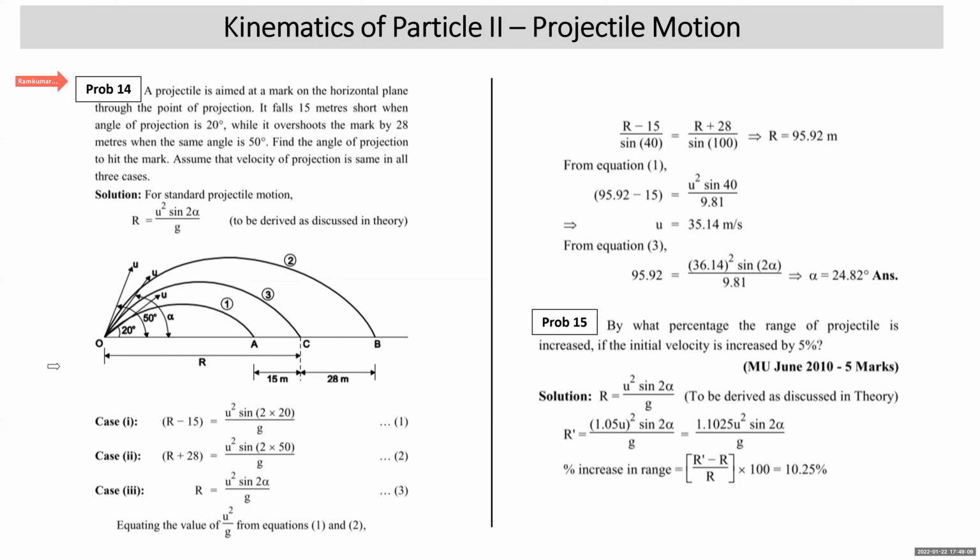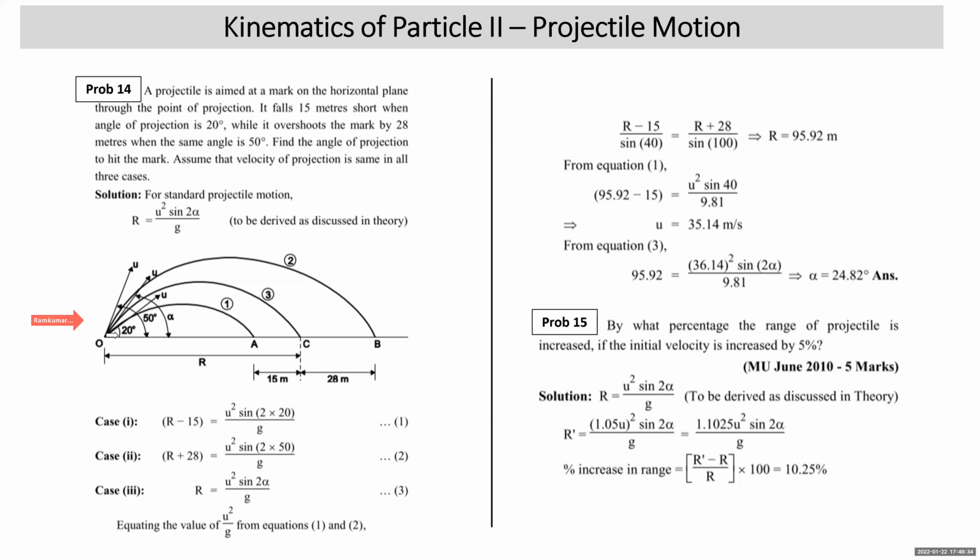Now, students, I have drawn the diagram. My O is the point of projection. These are the three attempts which are made. The correct range is the target, point C. So the range from O to C is R. Now, this is the first attempt, made with angle of elevation 20 degrees, velocity u. Initial velocity u is the same in both the cases. So it goes like this and it falls 15 meters short of the target.